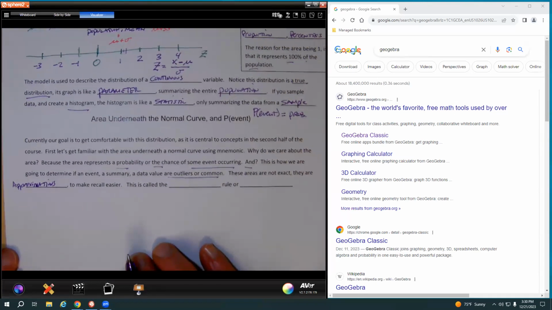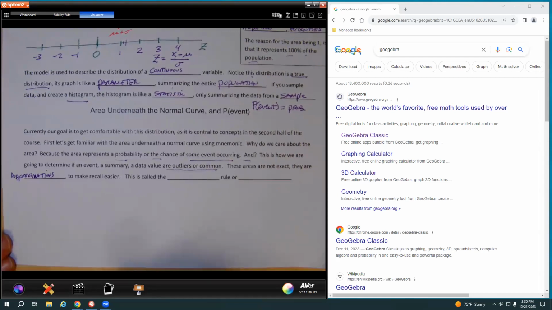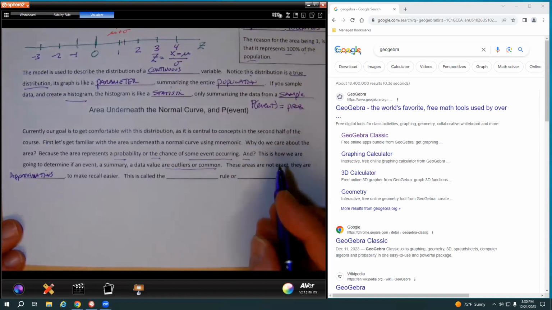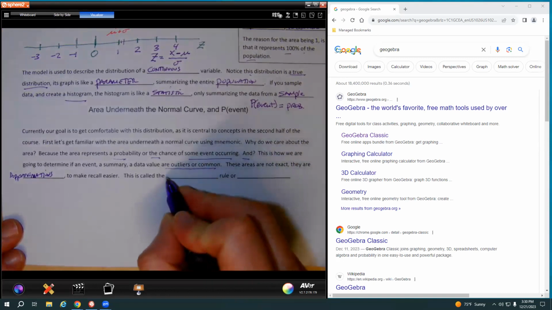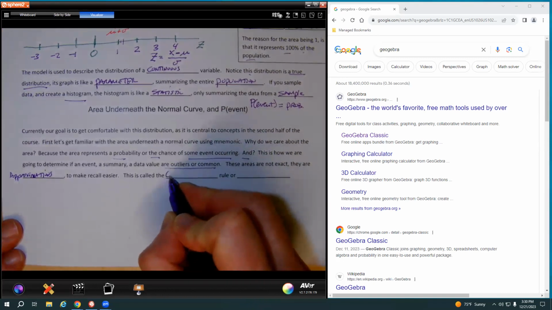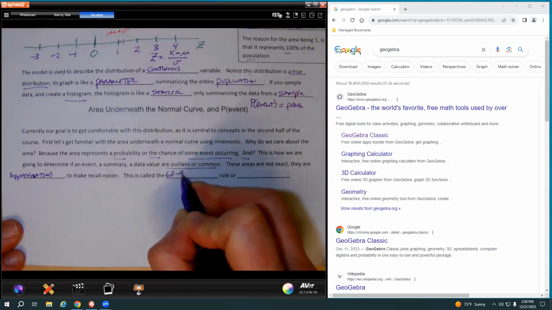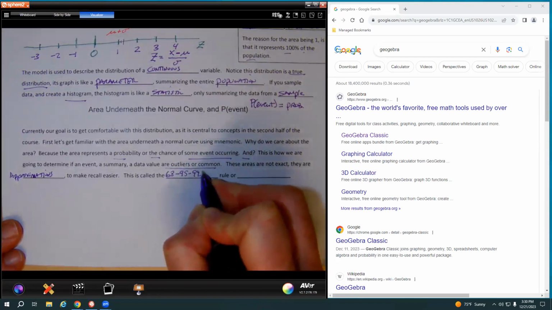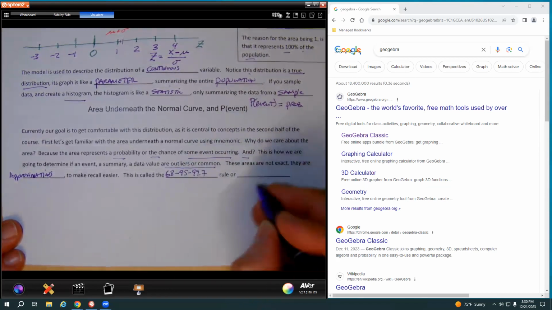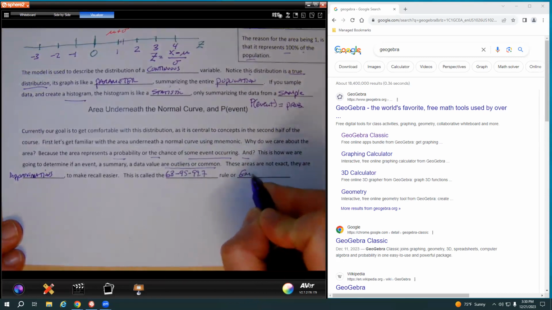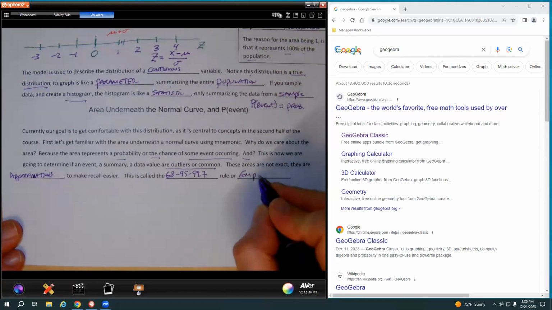It would be terrible if I asked, what's 4 times 3, and you had to reach for a calculator. Yes, you can memorize it, but after a while, you also get to know what it actually represents. This is going to be something similar. Often this is called the 68, 95, 99.7 rule, or sometimes you'll see it called the empirical rule.